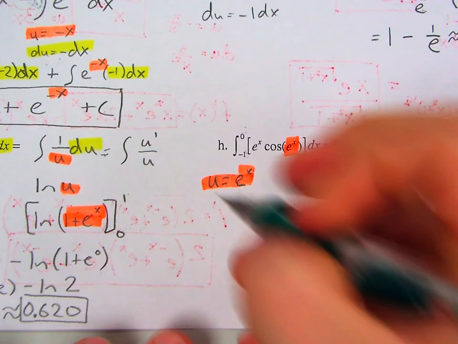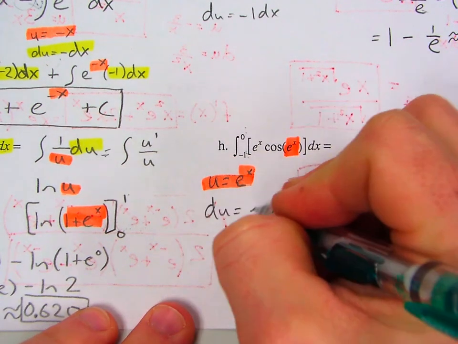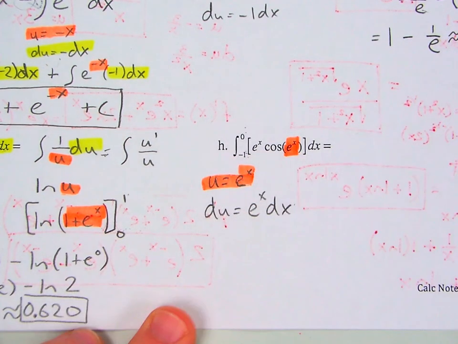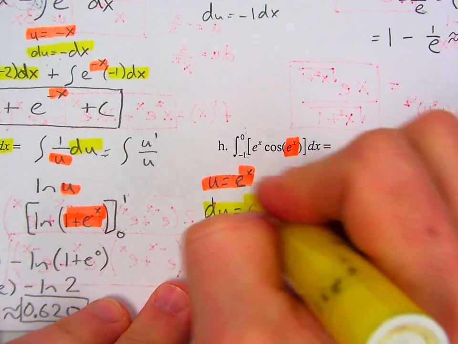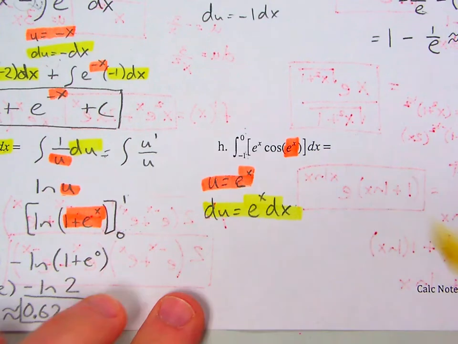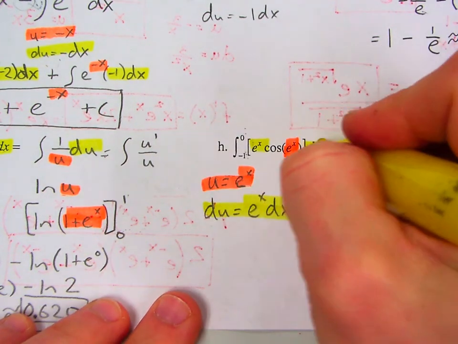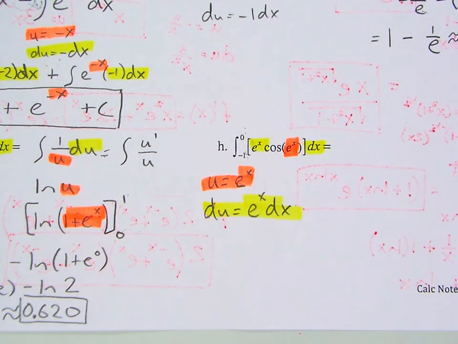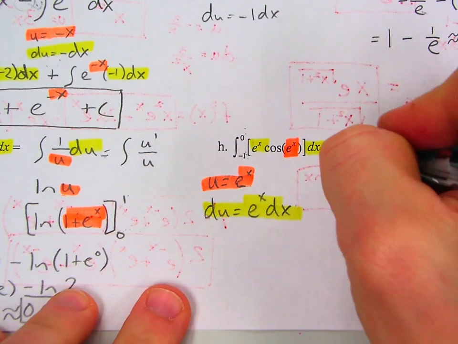And then the cool thing here is when you find du, we just have e to the x dx, which you can see is already a part of the original function. So the integral of cosine u is sine u, because the derivative of sine is cosine.